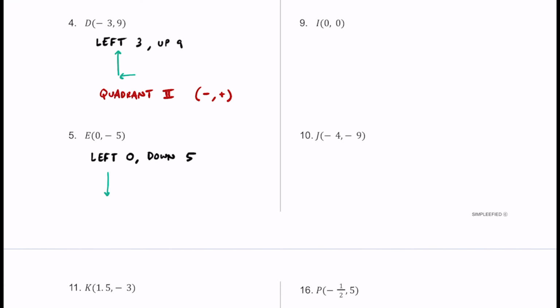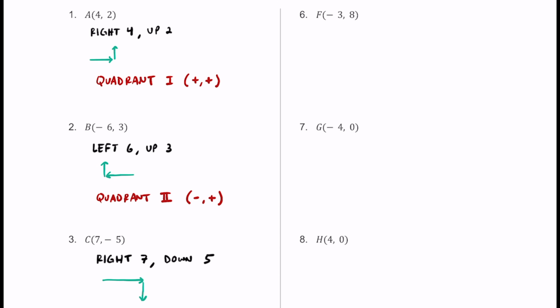If we just move down, we're not going to be located in a quadrant. We're actually going to be on the y-axis, but more specifically, on the negative part of the y-axis. Remember, anything on the negative part of the y-axis is going to have 0 for the x value and then a negative value for the y value.